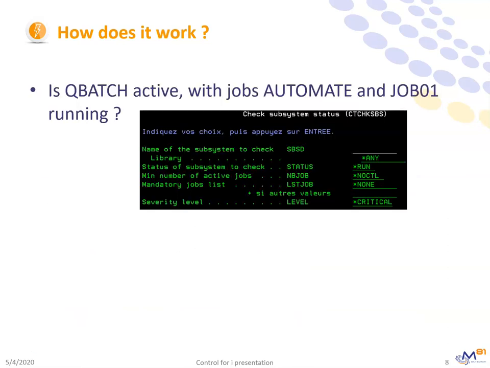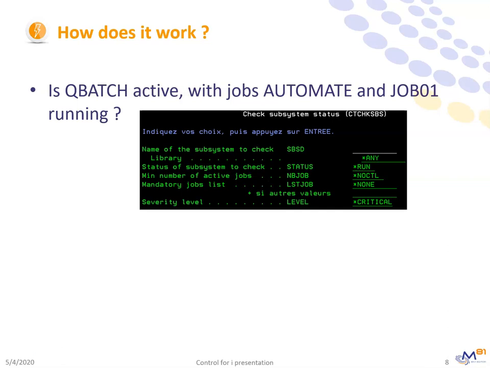For example, if I want to check that the subsystem QBATCH is active and that there are two jobs running in this subsystem, with the product, we deliver the command CTCHECKSBS on the IBM partition. This command has traditional parameters.